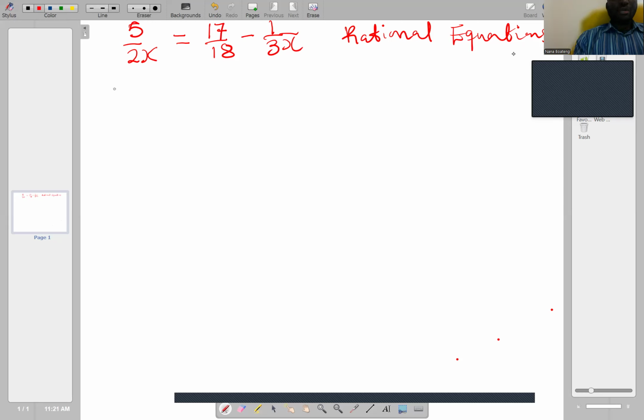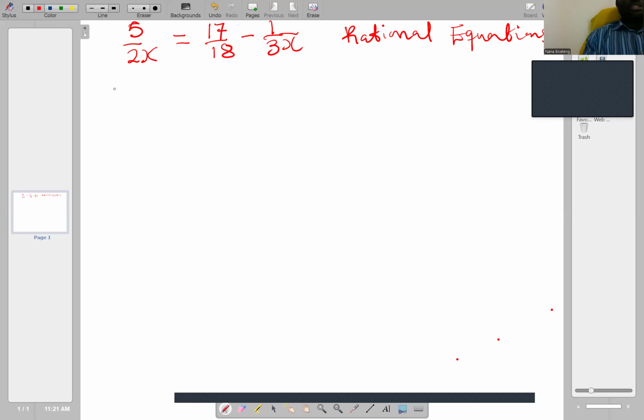We do not divide by 0, so it's undefined. The same thing could result in the case of 1 divided by 3x if x is equal to 0.